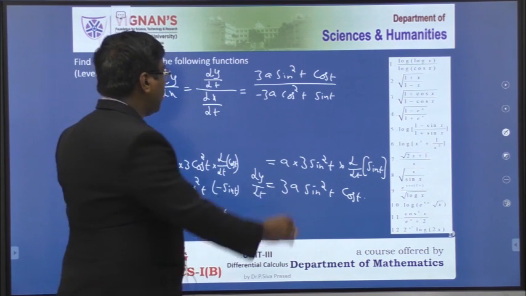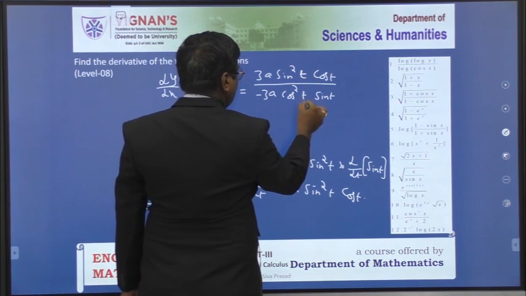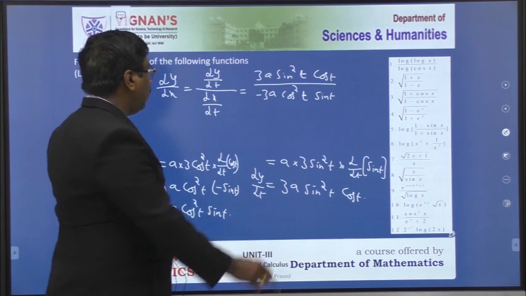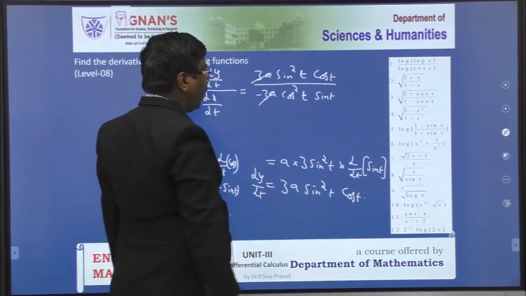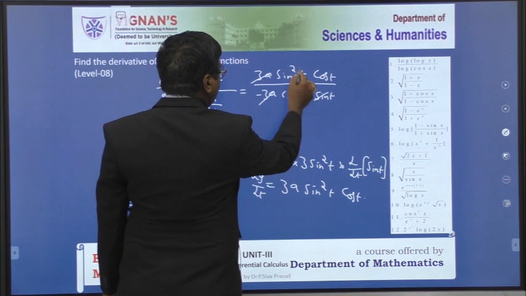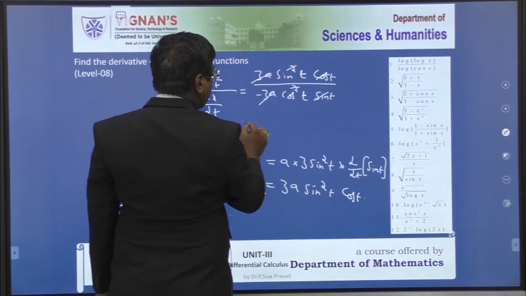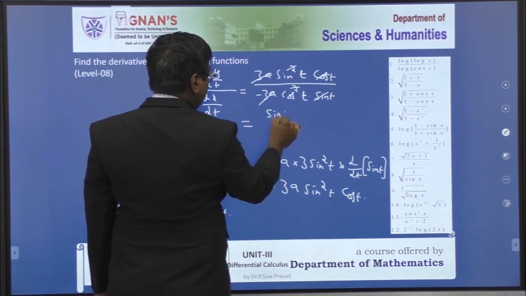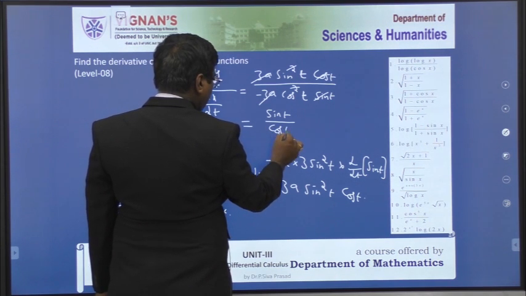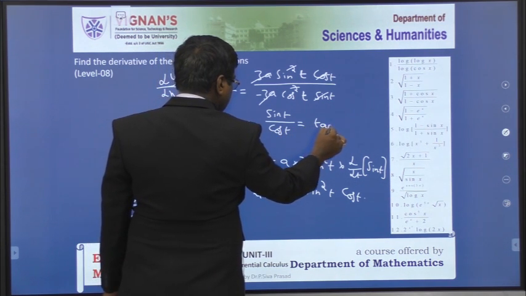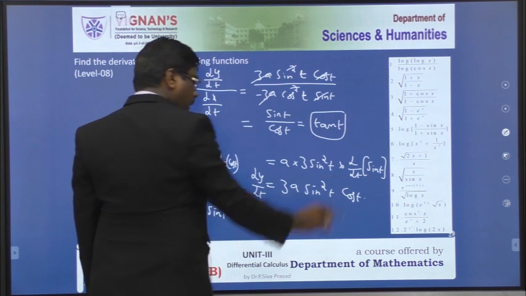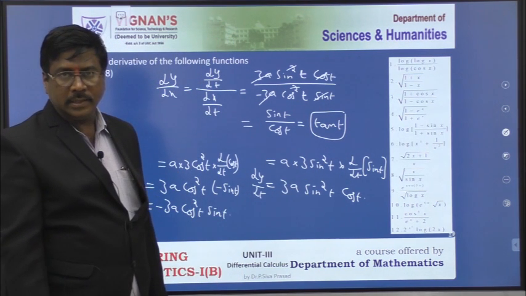Clarification point. Okay, now you can easily cancel the terms 3a and sine t and cos t, that is equal to sine t by cos t. Sine t by cos t means that is tan t. This is the final answer, dy by dx.